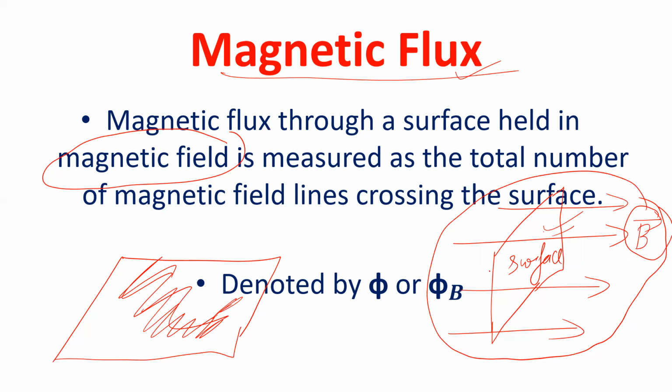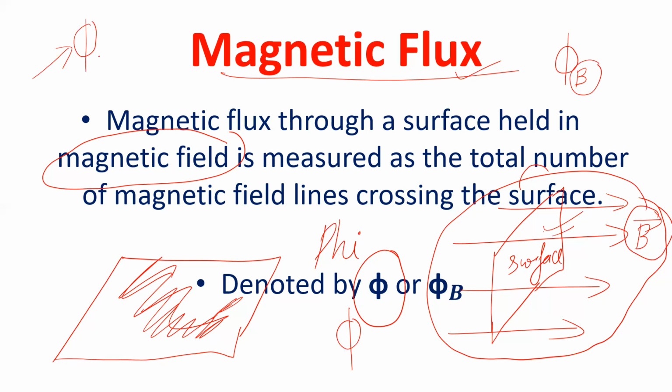So how do we denote it? We denote it by the symbol phi, and to be very specific, we show magnetic flux as phi B. Why do we use a subscript B, even if we could show it only by phi? That much specification is needed because, as I told you earlier, we have two types of flux, electric flux also.